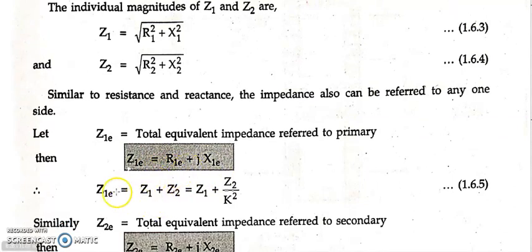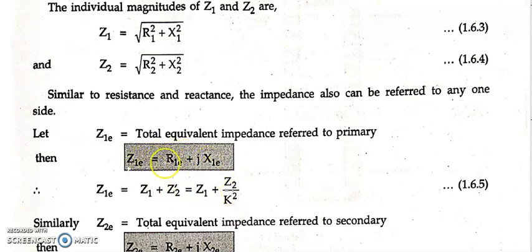R1E was equal to R1 plus R2 dash, and X1E was equal to X1 plus X2 dash. Similarly, Z1E is equal to Z1 plus Z2 dash. Again, the formula remains the same. We know that R2 dash was equal to R2 by K square, and X2 dash was equal to X2 by K square. Here also, Z2 dash is equal to Z2 by K square.